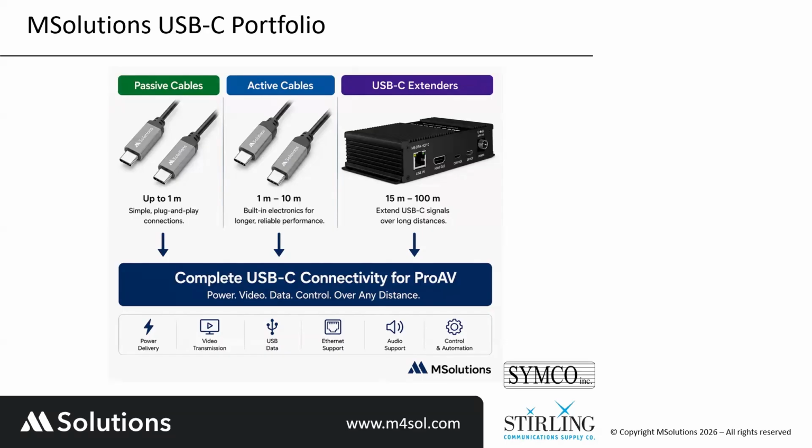The first one is the passive USB-C cables for short and medium distance applications. Unlike conventional passive USB-C cables that are typically limited to around 1 or 2 meters, we're able to support much longer distance with a passive cable.